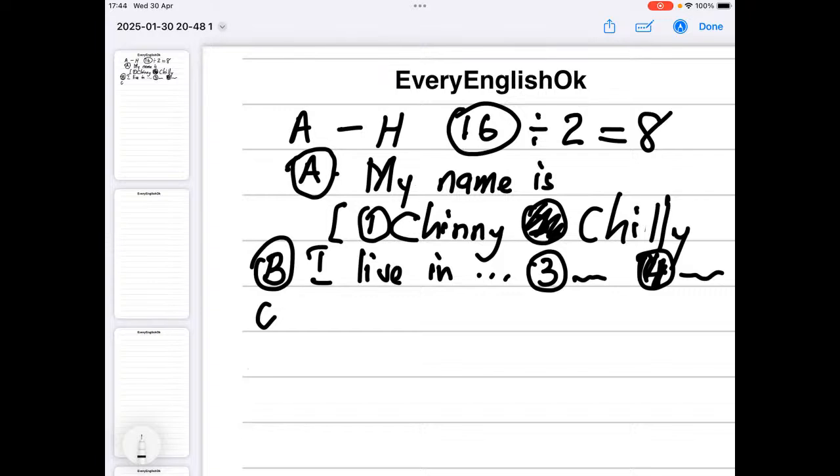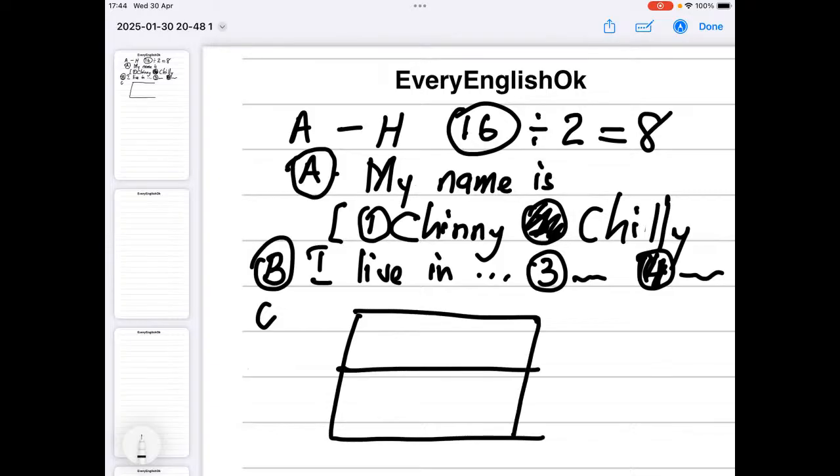After going through all this with them, I gave them a few minutes to go underneath the worksheet. Underneath the worksheet, there's a bingo. Oh, what did I draw? There's a 3 by 3 bingo.